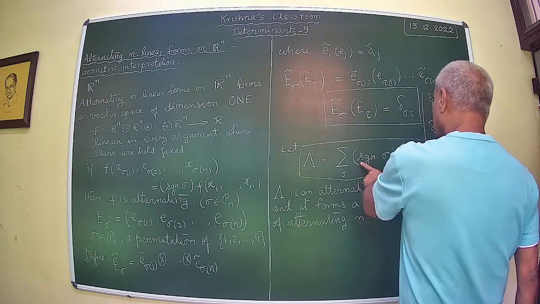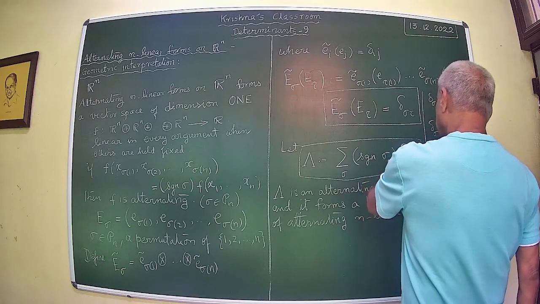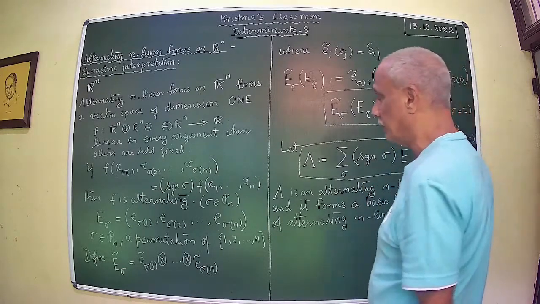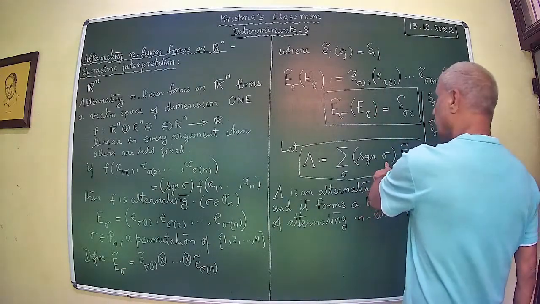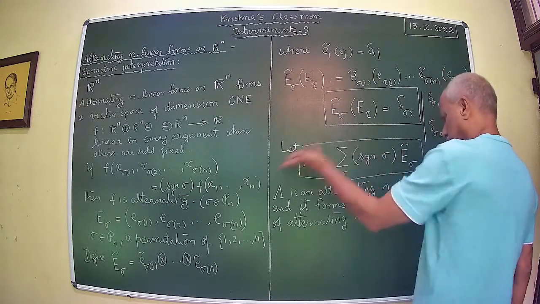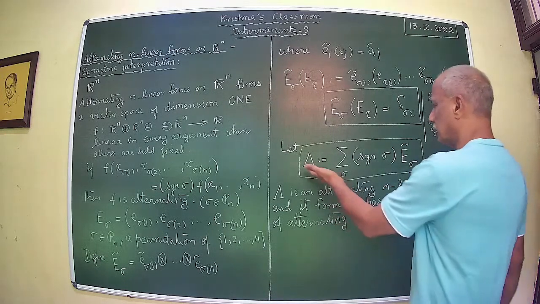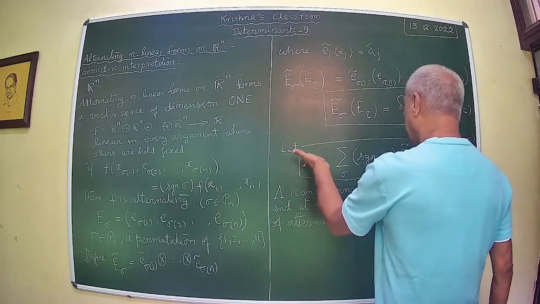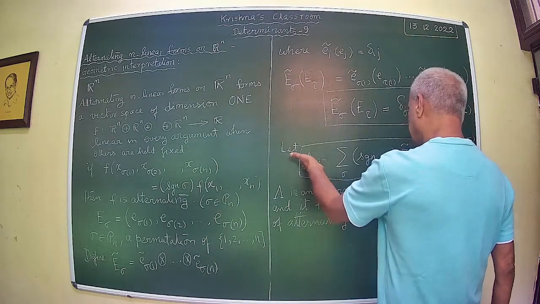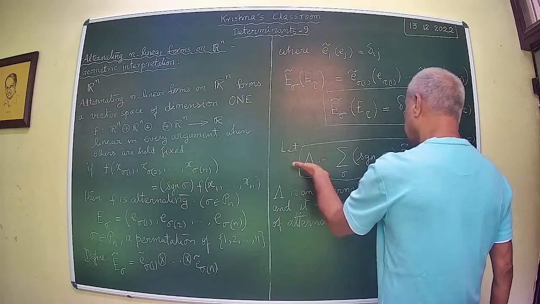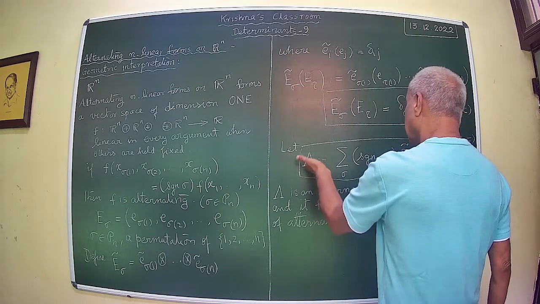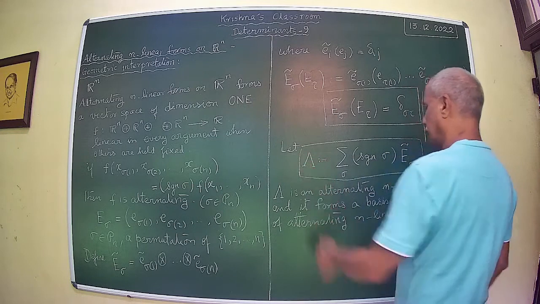Therefore, that's equal to plus 1 if sigma is an even permutation, minus 1 if it's an odd permutation. So it is non-zero, and this is a one-dimensional vector space. Therefore, every alternating n-linear form can be expressed as a scalar multiple of lambda.